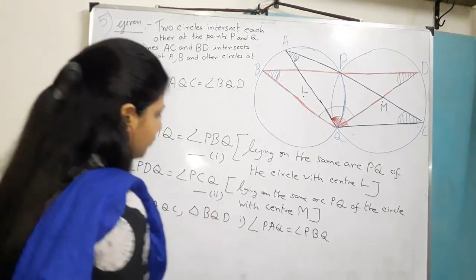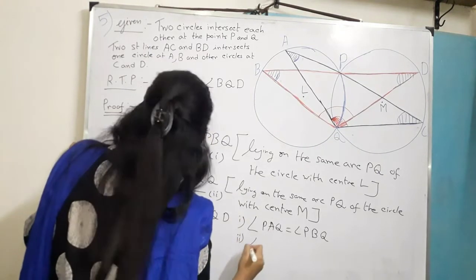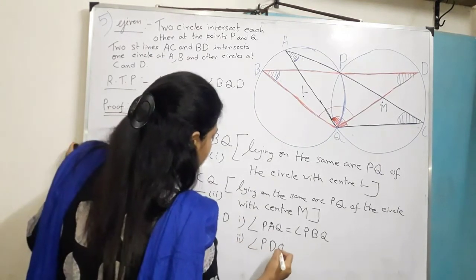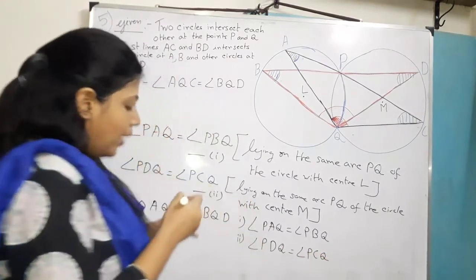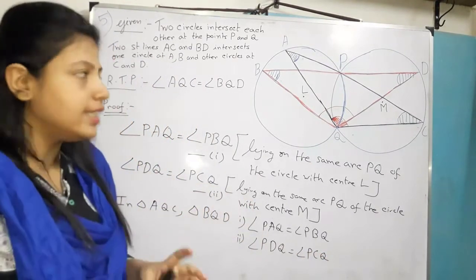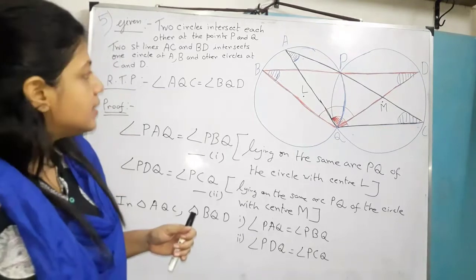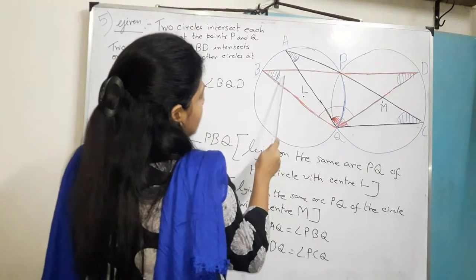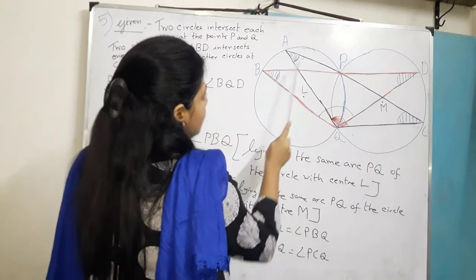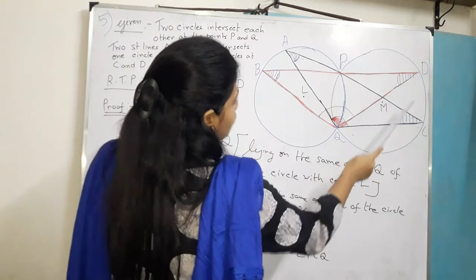Done this one. Number 2, we say angle PDQ equals angle PCQ. That means if I take these two triangles at a time, their corresponding angles are equal. This one is from the first triangle, this is from the second triangle. So these two are equal and these two are equal.